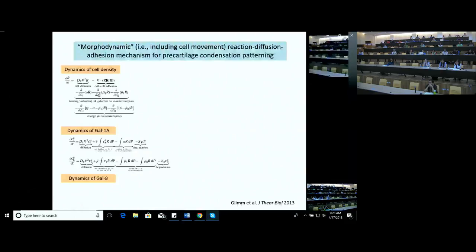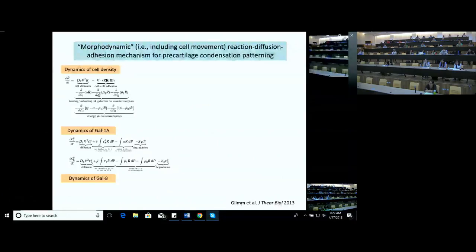Then there's the galectin 1A, and it involves the diffusion of galectin 1A itself, and it involves the response to galectin 8, the concentration of galectin 8, and then there are terms that represent the degradation of the galectins, and there's a similar equation for the dynamics of galectin 8 that involves galectin 1A, everything.